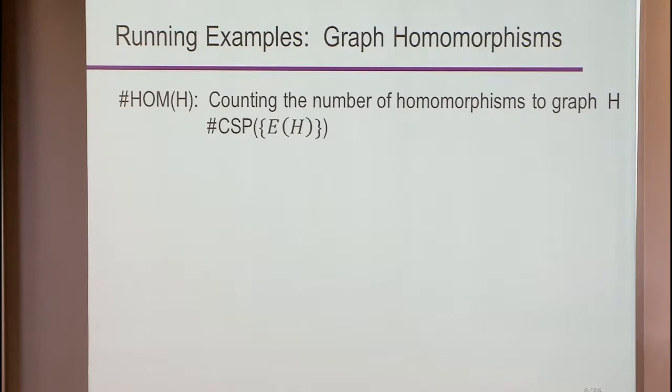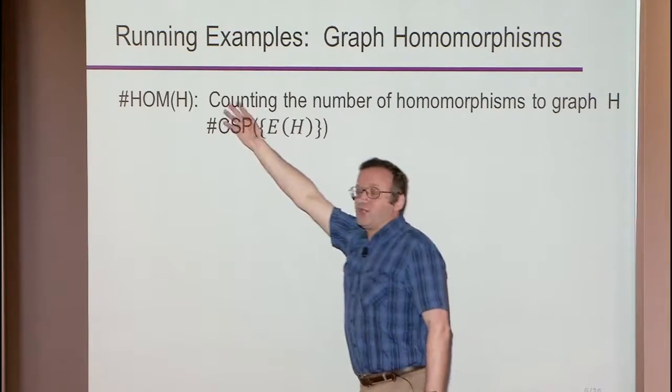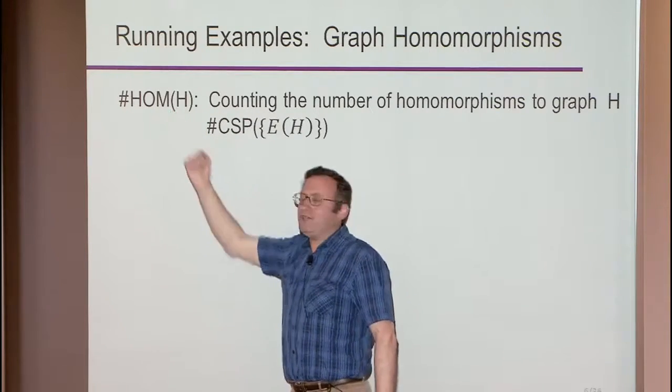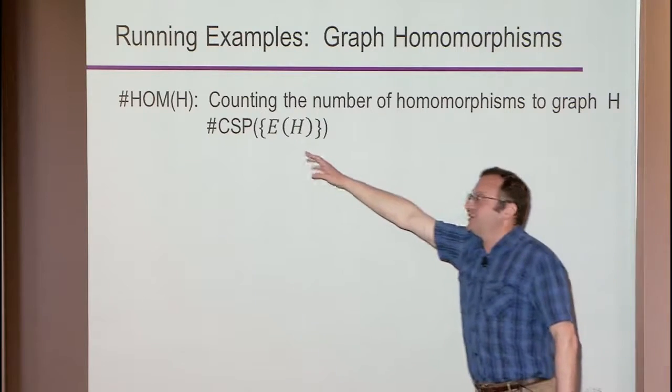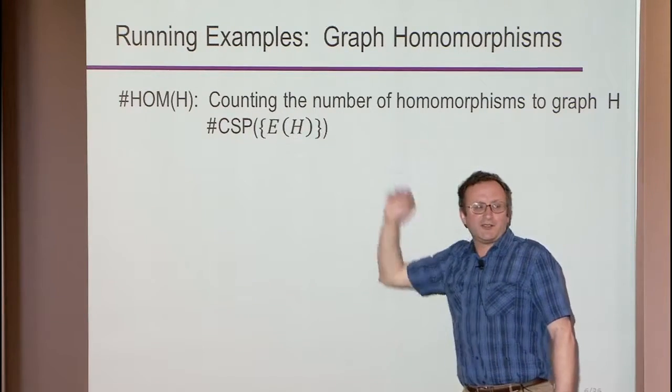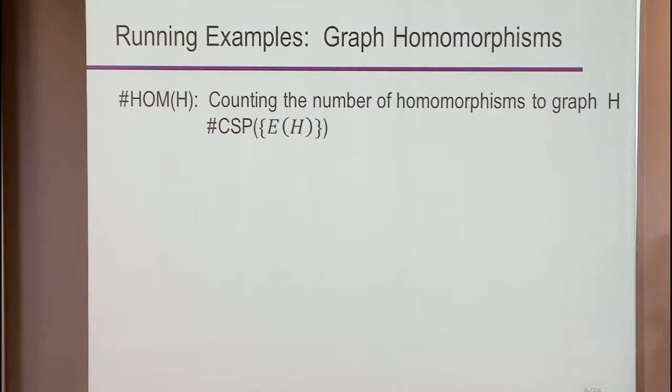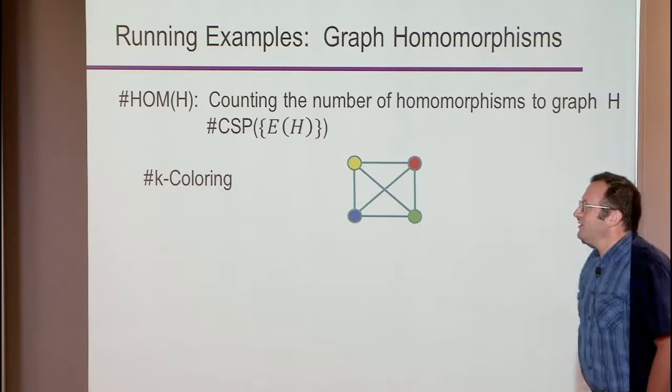Graph homomorphisms are a very rich source of various examples. We want to count homomorphisms to a fixed graph H, and clearly this is counting CSP. The constraint language is just the edge relation of the graph, nothing else. A few examples we have seen so far: k-coloring, which is homomorphisms into a clique.